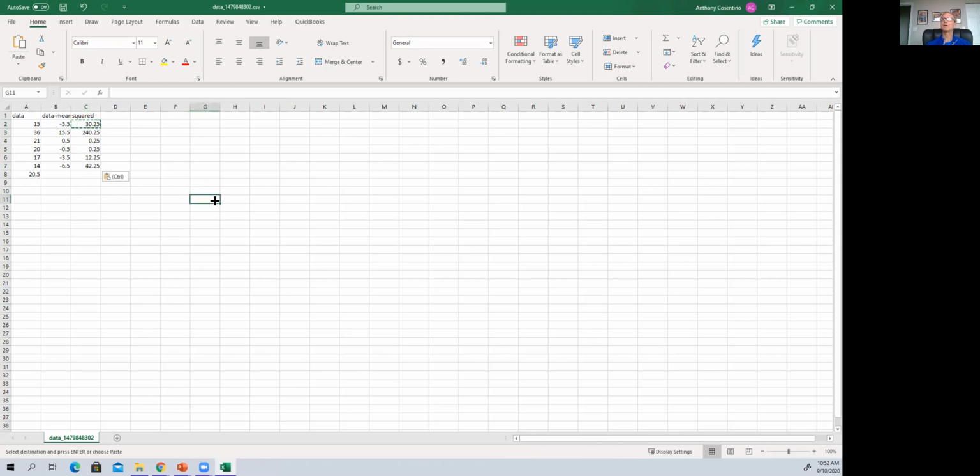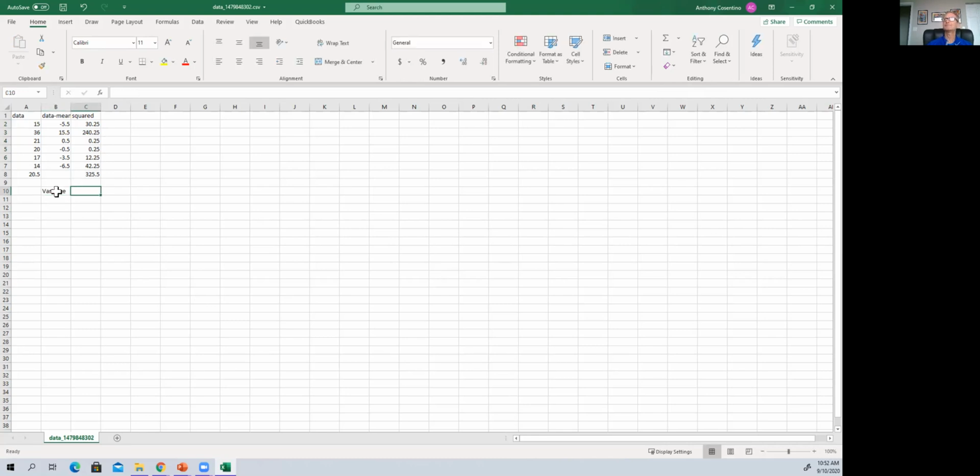So now we need to sum those together, right? So you highlight the column you want summed and hit sum, and it ends up being 325 and a half. So the last calculation here would be the variance.